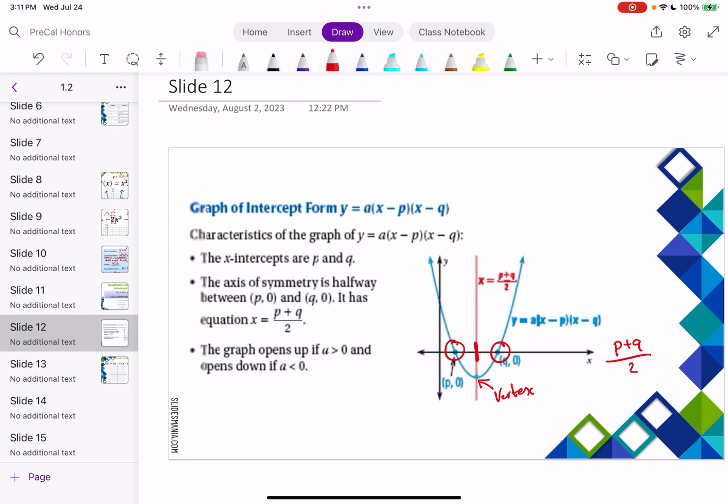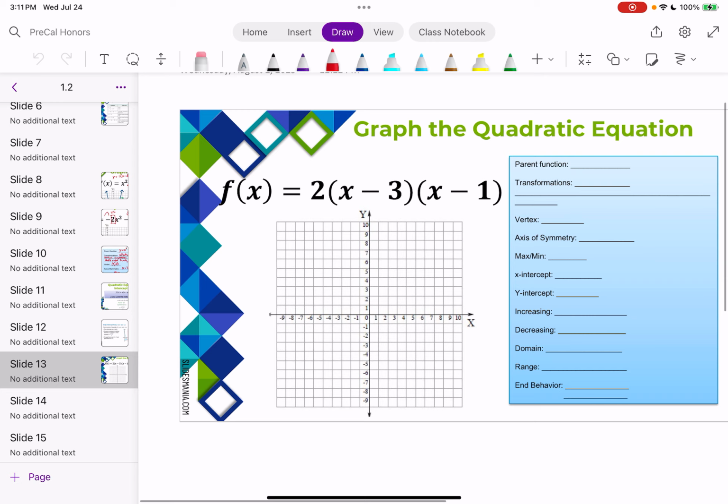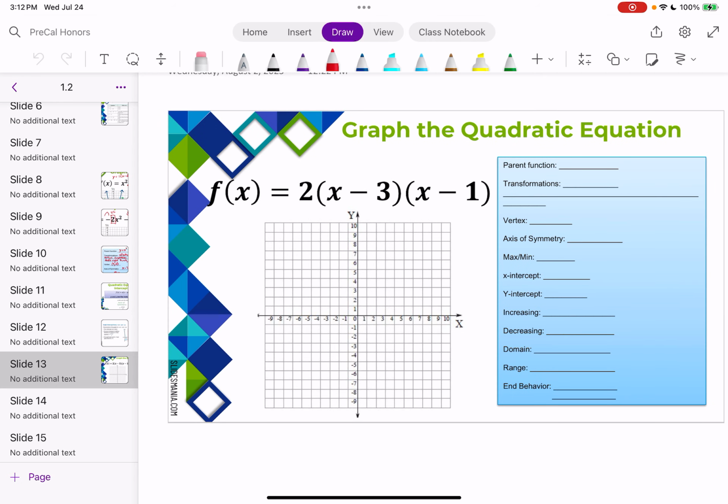Let's take a look at slide 13. Let's start off with our parent function, in this case y is equal to x squared.